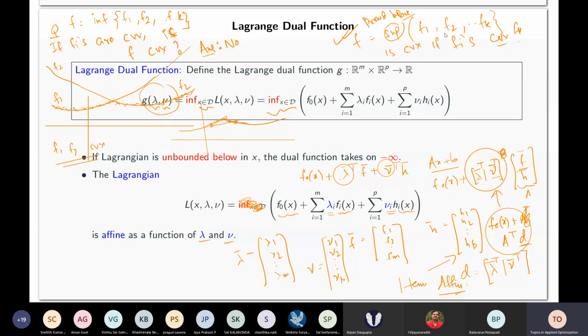However, if we change this to concave, then the infimum of concave functions will be concave. This can also be proved from here, because the supremum of these functions can also be seen as the infimum of minus f1, f2, fk, right?